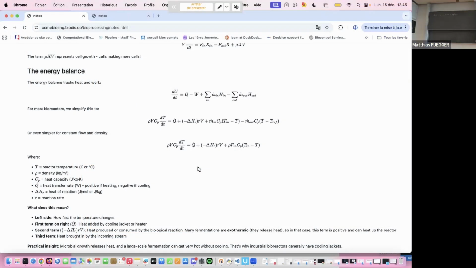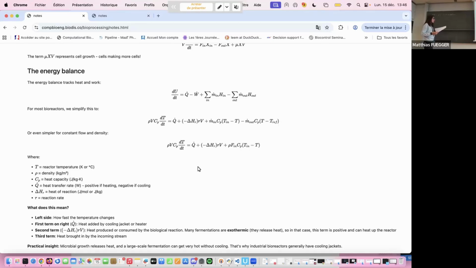The energy balance describes what happens inside the system in terms of heat and in terms of work, because we know that, for example, when we have reactions inside the bioreactor, according to if it is an endothermic or an exothermic bioreaction, it can have an effect on the temperature inside the bioreactor.